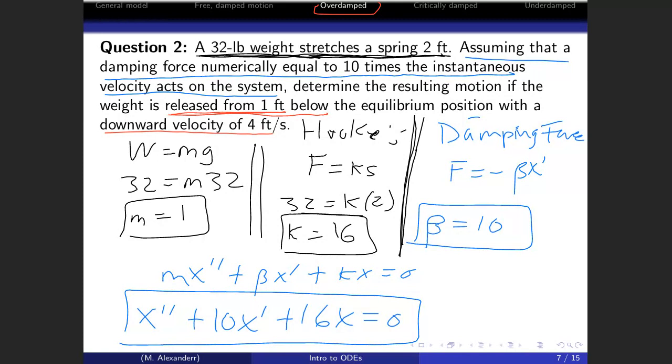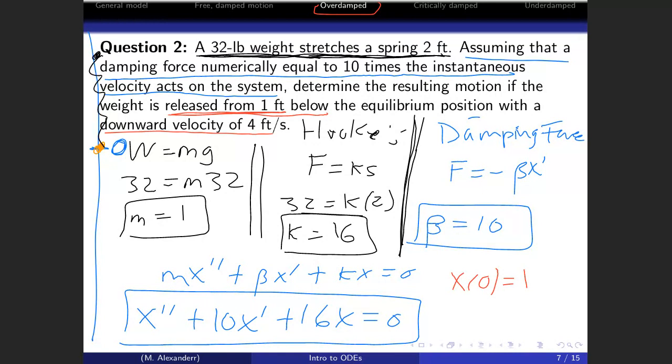And so what that means is that the initial position of the mass attached to the spring is 1 foot, because remember that we have a vertical axis, and the zero location is where the mass is located after you have attached it to the spring on the ceiling.